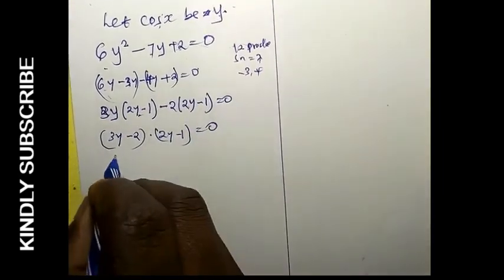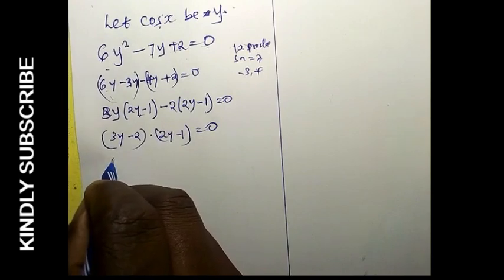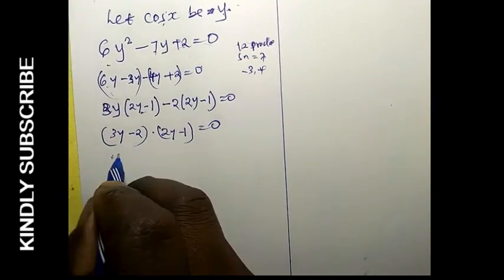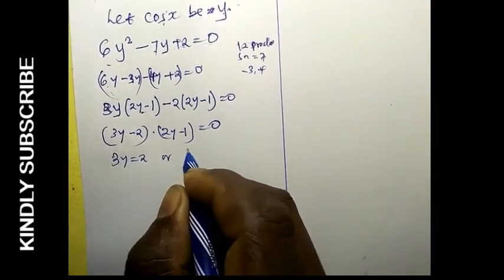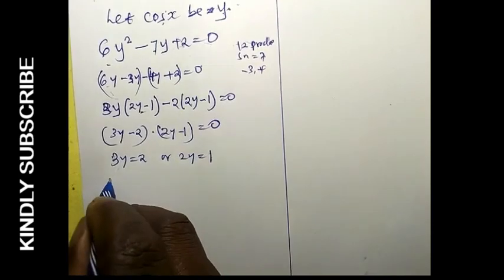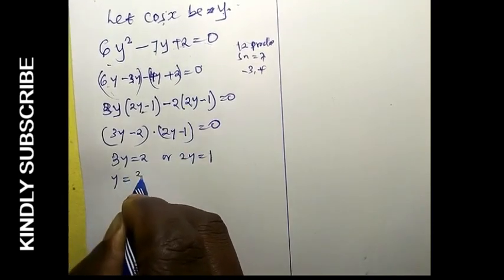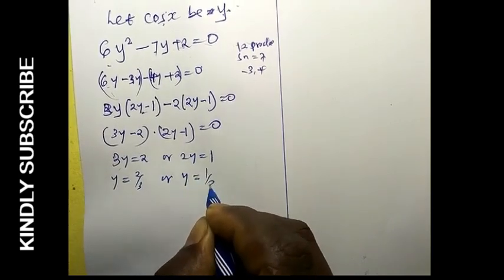So it means that 3y will be equal to 2, or 2y will be equal to 1. Meaning here y will be equal to 2 over 3, or y will be equal to a half.